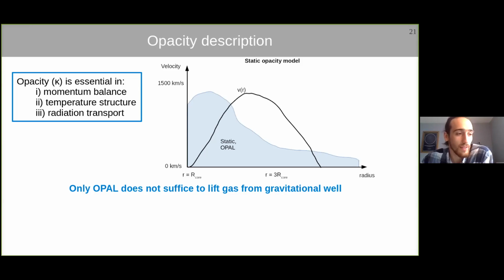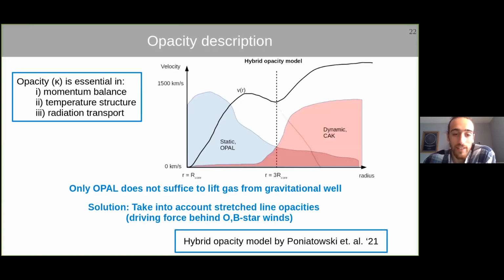After a certain radius, your gas will have decelerated and start to fall back onto the stellar surface. So what this means is basically that OPAL opacities alone are not sufficient to push all of your gas away from the stellar surface. So we need an additional force source or an additional opacity source.